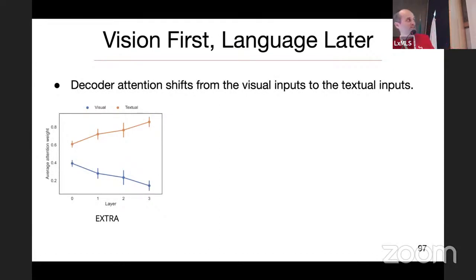So what you can see here is that the first layer of the transformer decoder, it's paying a lot more attention to the visual than at later parts. It always pays more attention to the textual data, but as we get deeper into the transformer model, and thus we're closer to where we need to actually predict a probability distribution over the next words in the sentence, the model leans much more heavily into what can be found by looking at the textual embeddings in the multimodal encoder.